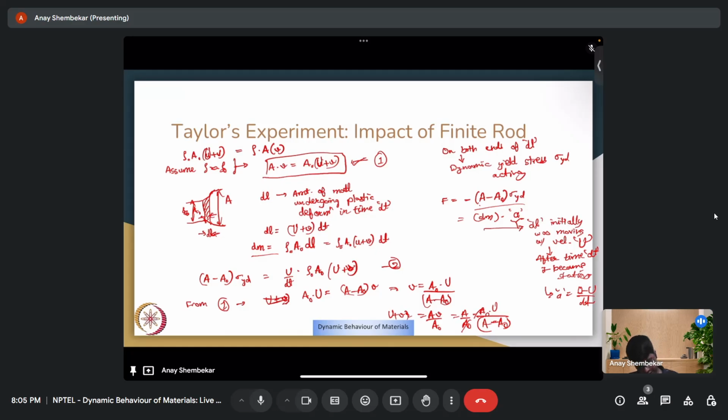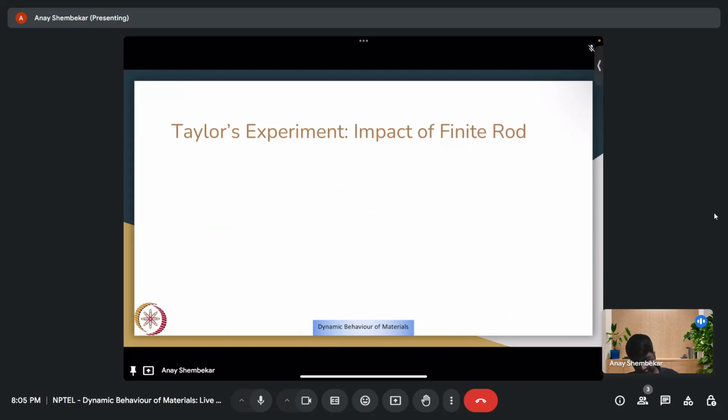Right. So once we plug equation 1 into 2 and simplify it, what we end up with is rho U square is A minus A naught square by 2 into A naught into yield stress.